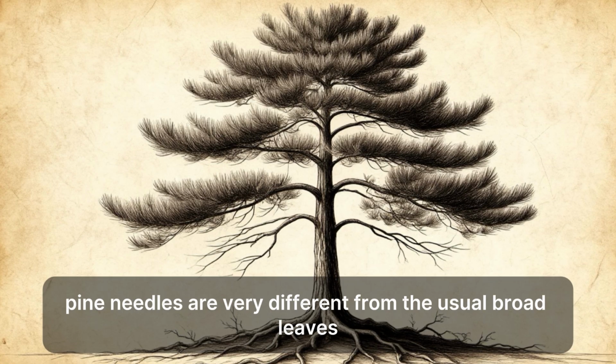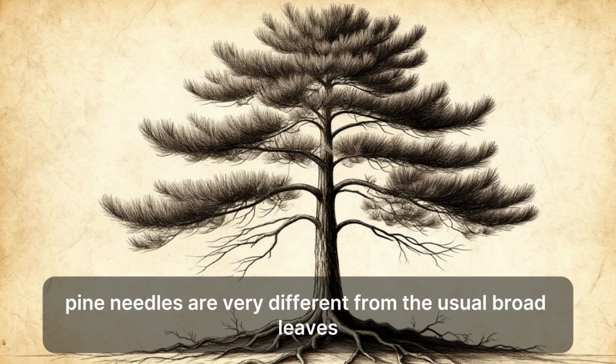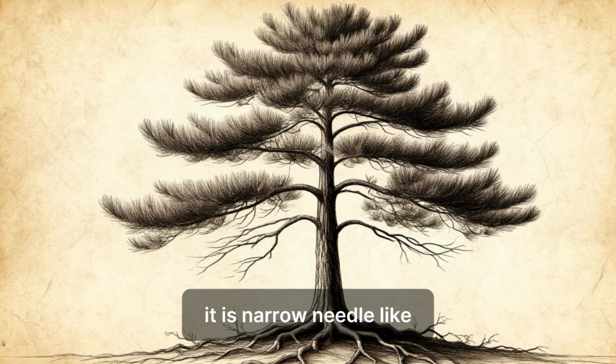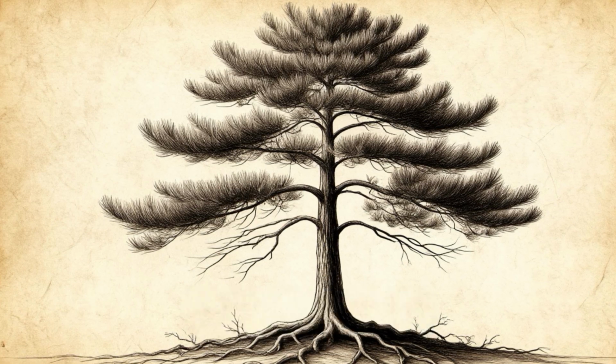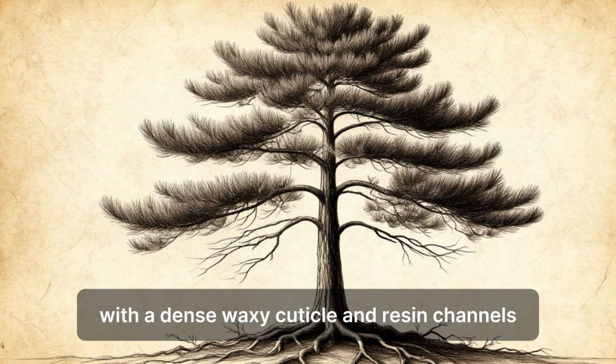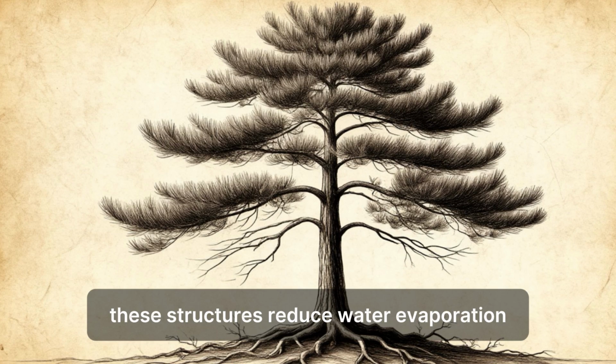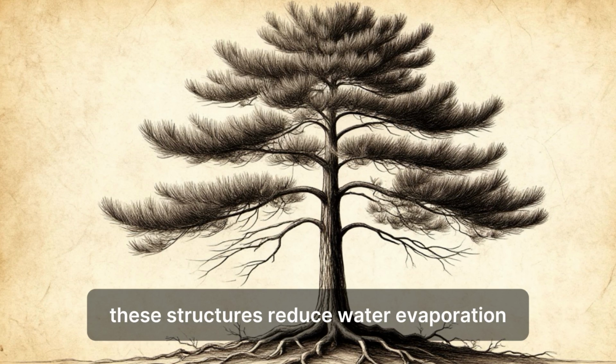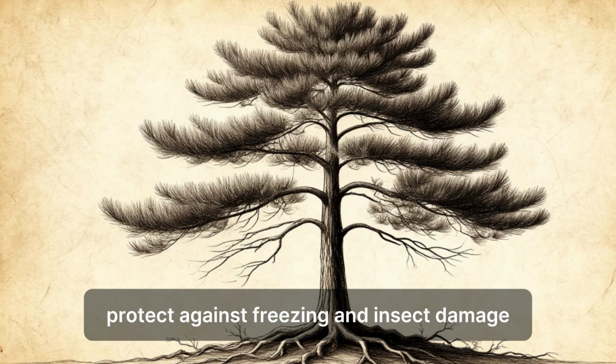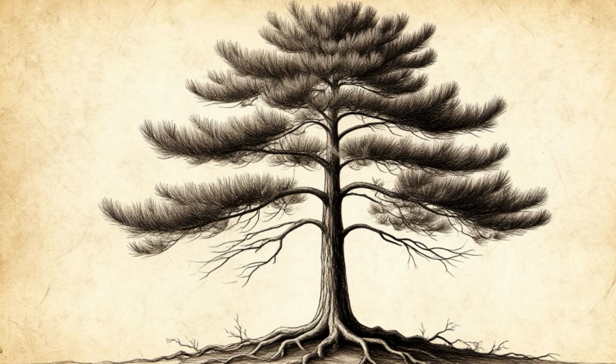Pine needles are very different from the usual broad leaves. They are narrow, needle-like, with a dense, waxy cuticle and resin channels. These structures reduce water evaporation and protect against freezing and insect damage.